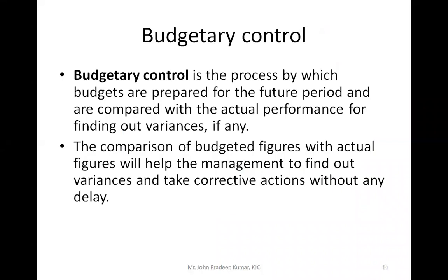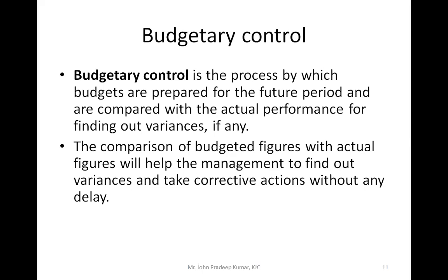So budgetary control is the process by which budgets are prepared for the future period and compared with the actual performance for finding out variances. A budget is prepared for the future. That means you are going to forecast your expenses and income, and then you are going to implement this budget.